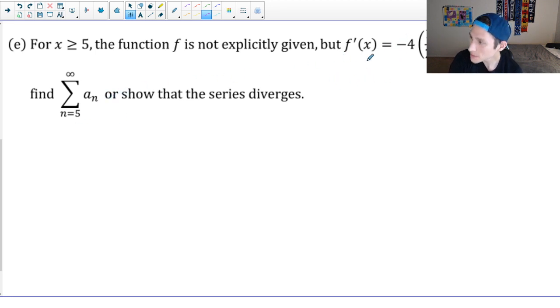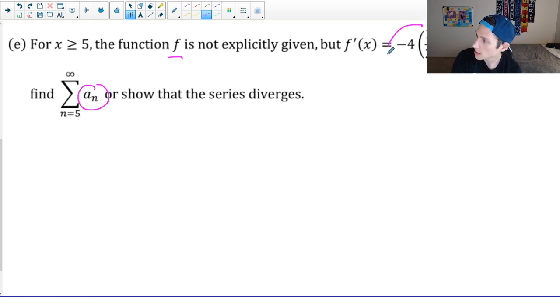Okay, so this information about f prime is more or less designed to just make you confused. That's not super necessary for us, if at all. Because all we're trying to do is look at this series of a_n. Well, what is a_n? a_n is f prime.